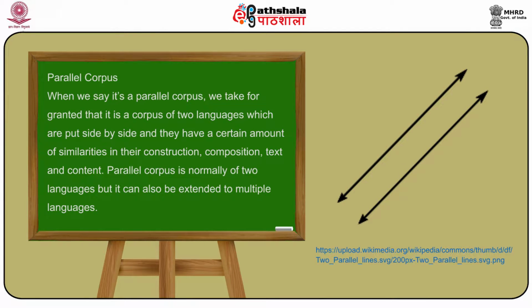So, a parallel corpus normally can have two languages, but if required, it can be extended to multiple languages. Then it is also possible to have an extended version of the parallel corpus, which you can call a multiple language corpus or comparable corpus, although a comparable corpus in the true sense of the term actually differs from the parallel corpus because of the compositions.